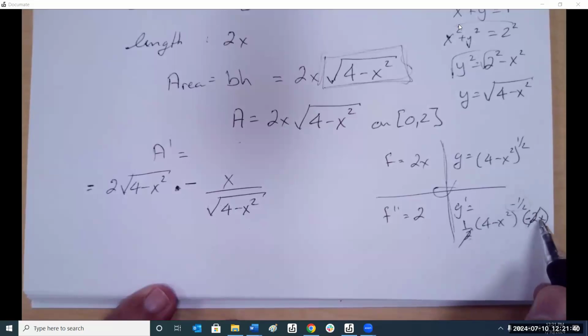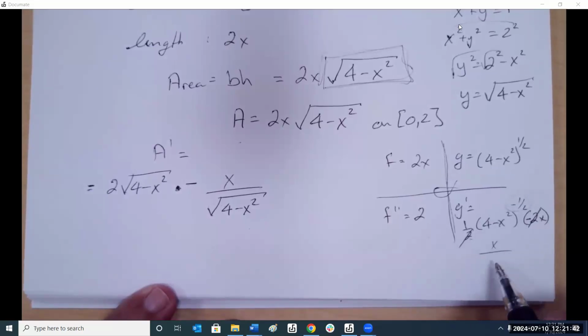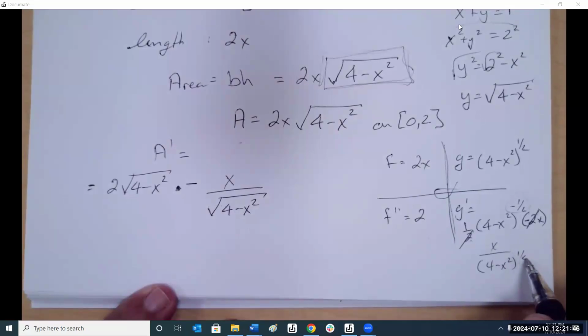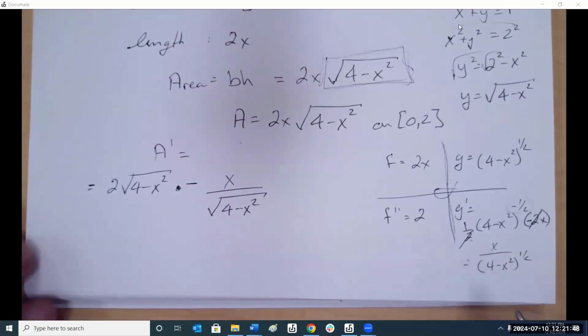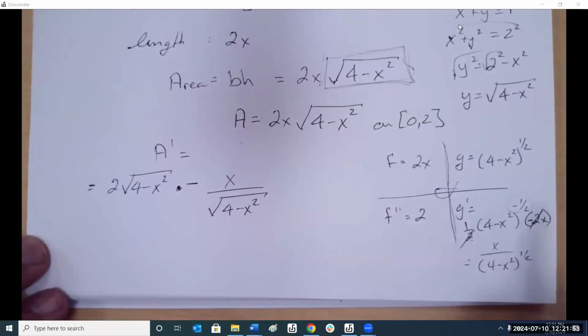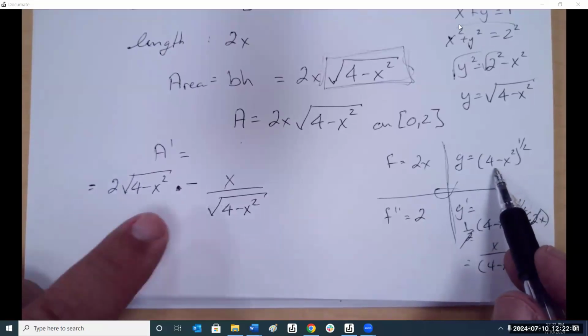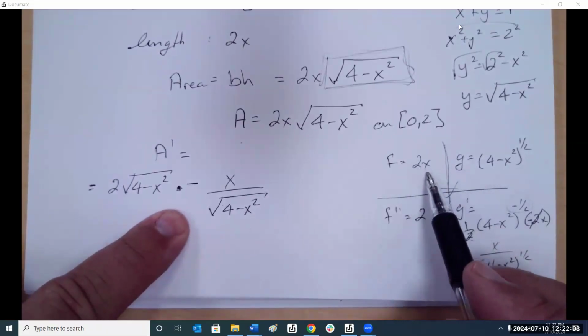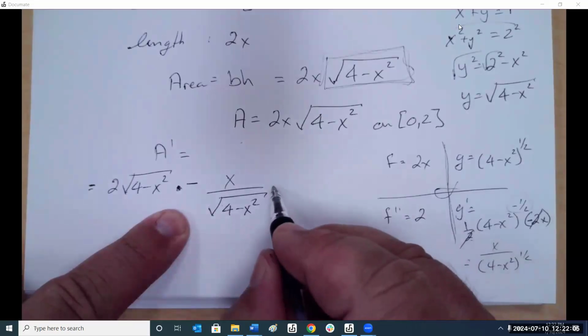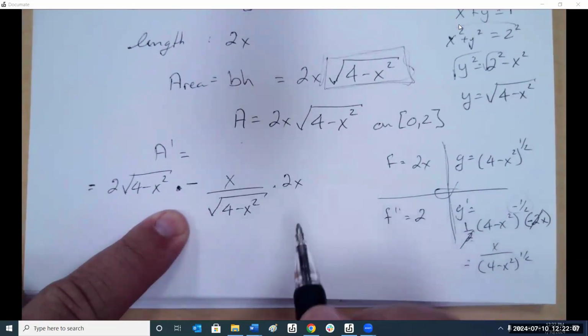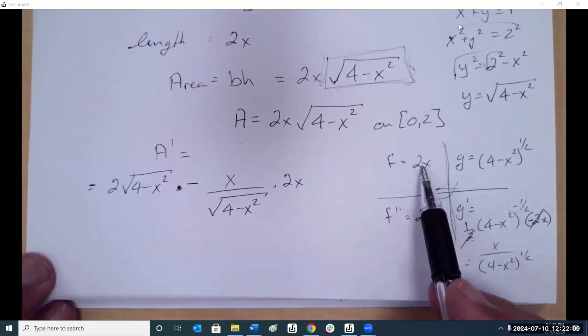This is a negative exponent, so it's x over 4 minus x squared to the power 1/2. I'm going to do that one. 2 times that minus 2x times this. I forgot that one.